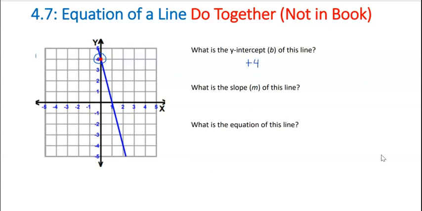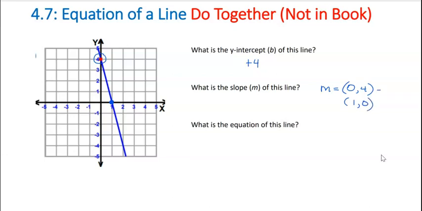For the slope, we can calculate it. We can use that point, and we can use the point down here crossing the x-axis. So when we make our coordinates for our slope, we can see that we have a 0, 4 up top. And down below, we have a 1, 0. We're not moving up or down on the y.